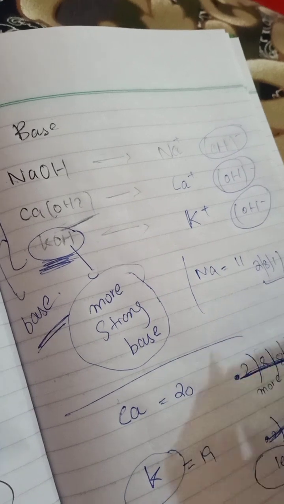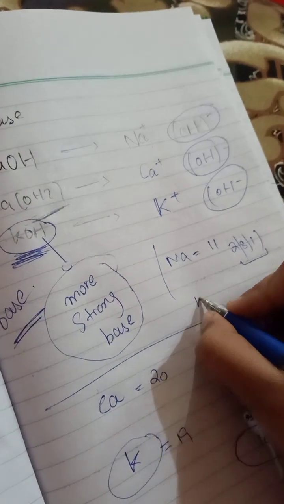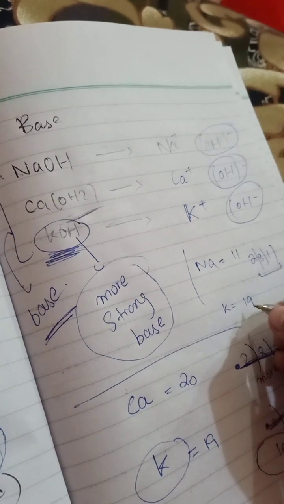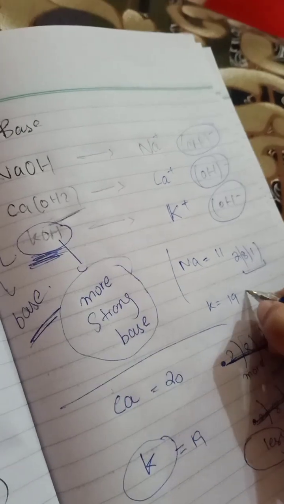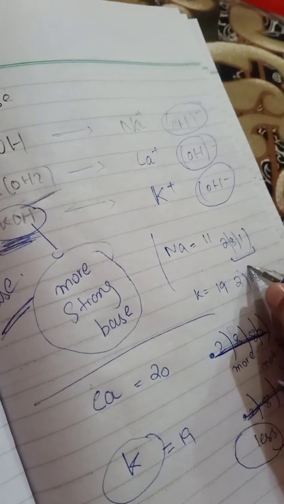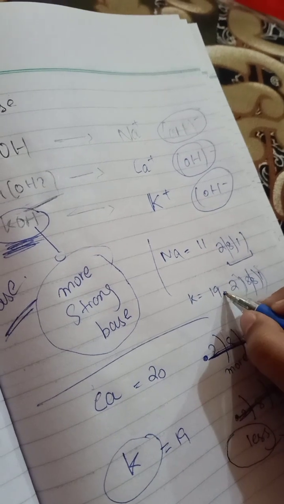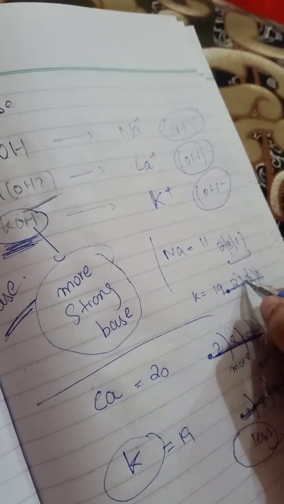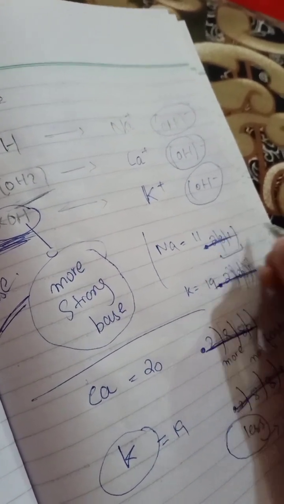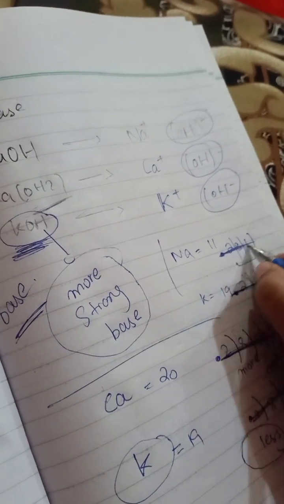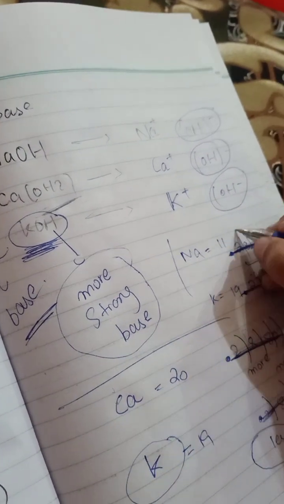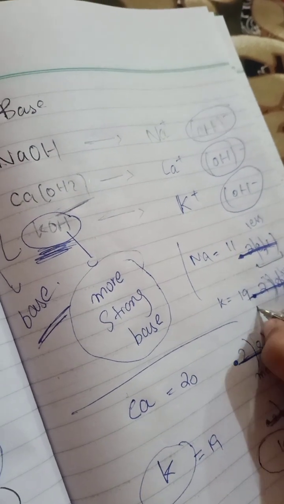As compared to potassium, which has 19 electrons, 2, 8, 8 and 1, sodium has a smaller shielding, so it has more nuclear force, and so its ionization character is less. If we talk about potassium, it has more shielding, less nuclear force, so its ionization character is more.